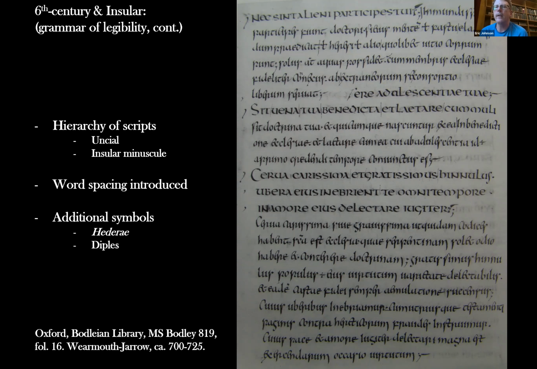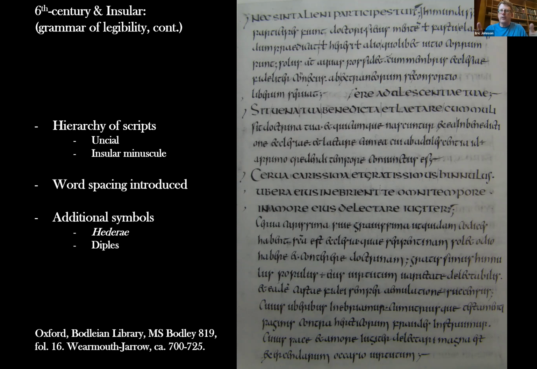So the hedera is serving as a period. This is something that was adapted from very old Roman systems of rendering sentence ends. So that's telling us we have the end of a sentence or the end of a statement. The diple is telling us that this is a quotation from a different work.